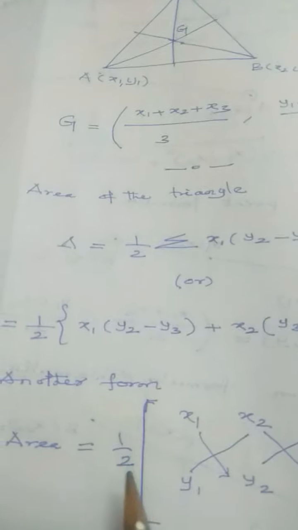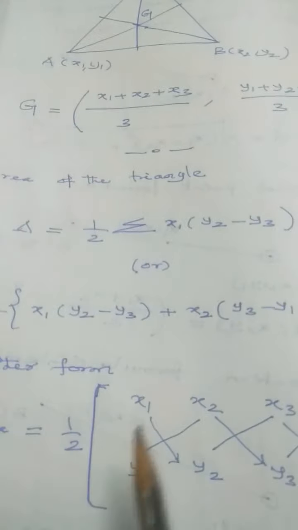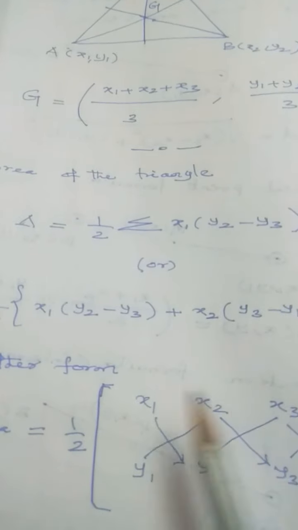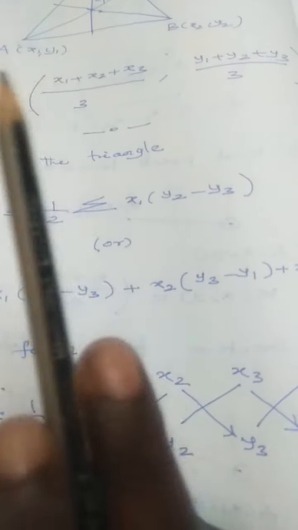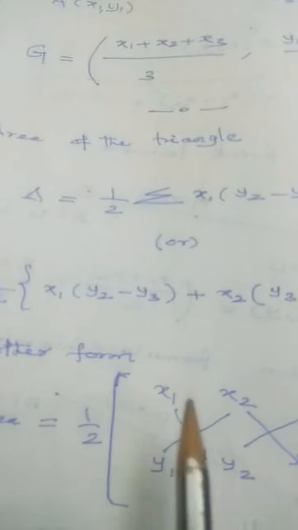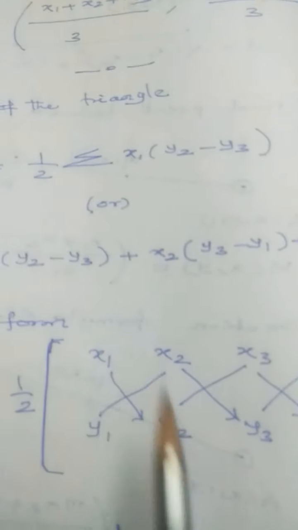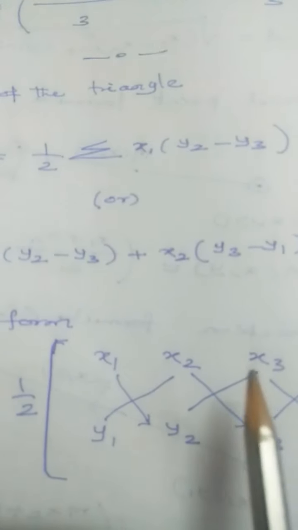So another form to find the area of a triangle is 1 by 2 and then modulus form, x1 y1. You are taking the coordinates of this triangle, x1 y1, x2 y2, x3 y3, column-wise, and again repeat x1 y1.